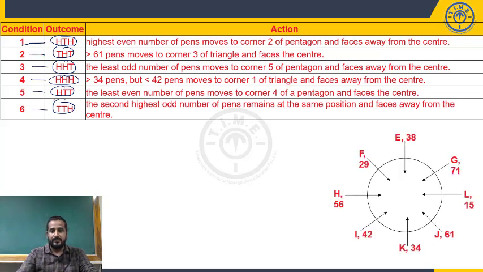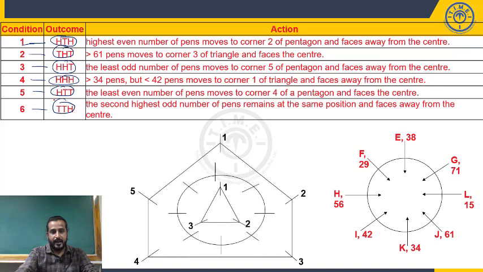Now, what is the basic? Our circular arrangement, and you know already pentagon, inside the pentagon a circle and inside the circle a triangle, and corners are numbered 1, 2, 3, 1, 2, 3, 4, 5. Now, what is the first outcome? Head, tail, head. This instruction is to be applied. Highest even number of pens. Who has the highest even number? 56 is the highest even number, right.